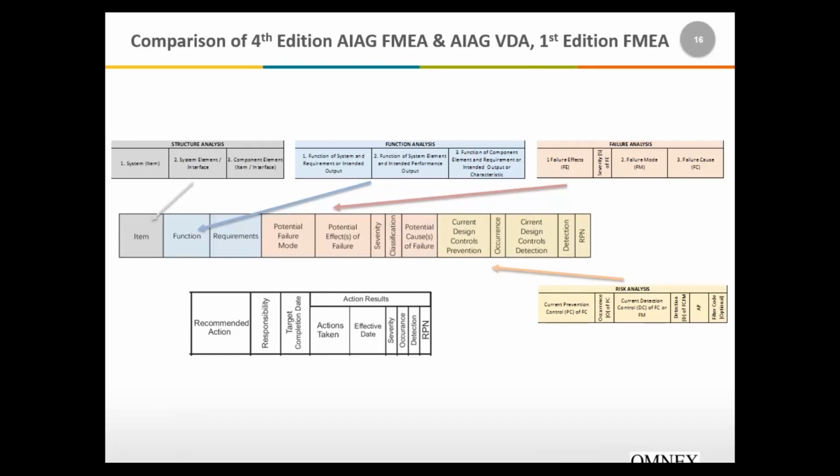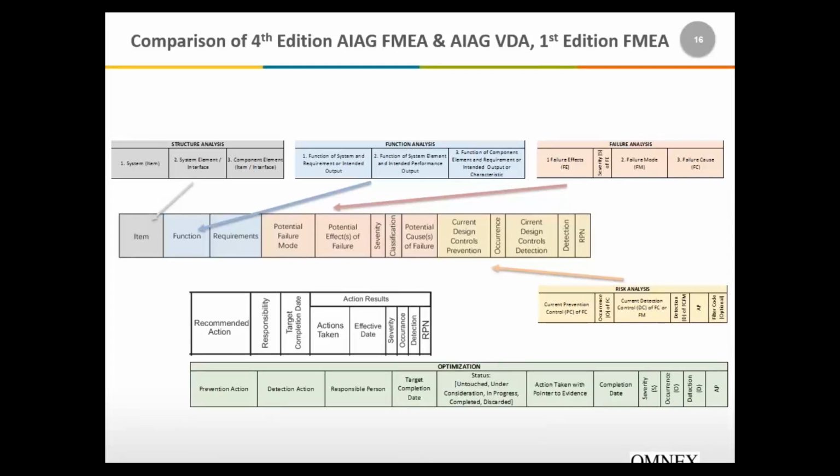All right. And I'll just say this: the current detection and the current prevention is a little bit more complicated, because you'll have to decide, which is it for the component, or is it for the item we're focusing in on?